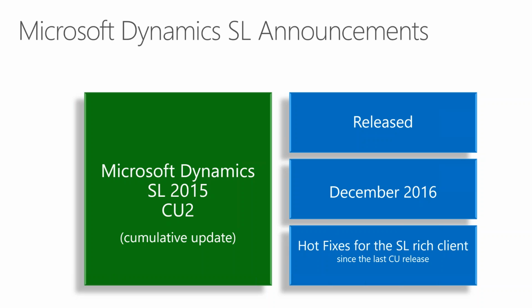It's addressing those areas, and we continue to work on anything that's past CU2, but a good starting point if you're either upgrading to 2015, obviously your partner at SBS is going to take you up to CU2 at a minimum, and then see if there's any additional hotfixes to address any specific issues that might address the modules that you're using. So again, that's available. It's been released as of December 2016, and we continue to move forward with making any updates to anything else that's sitting out there.